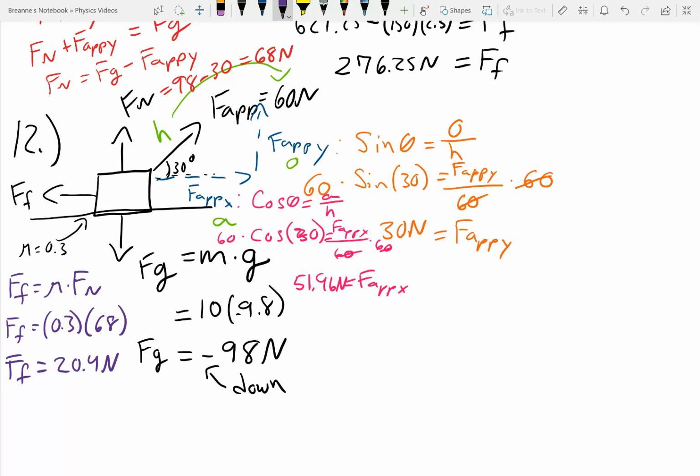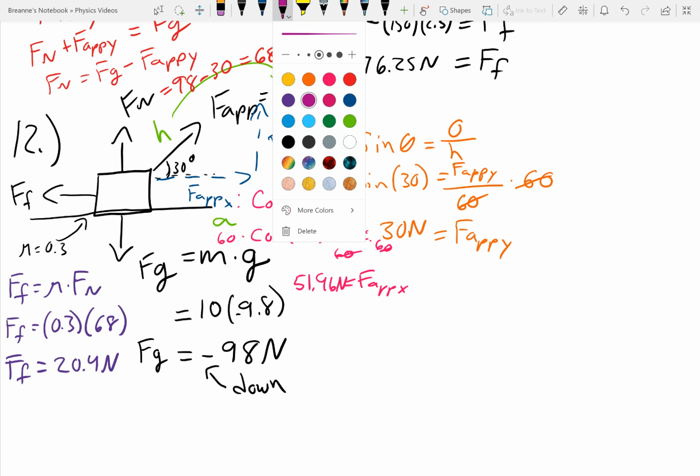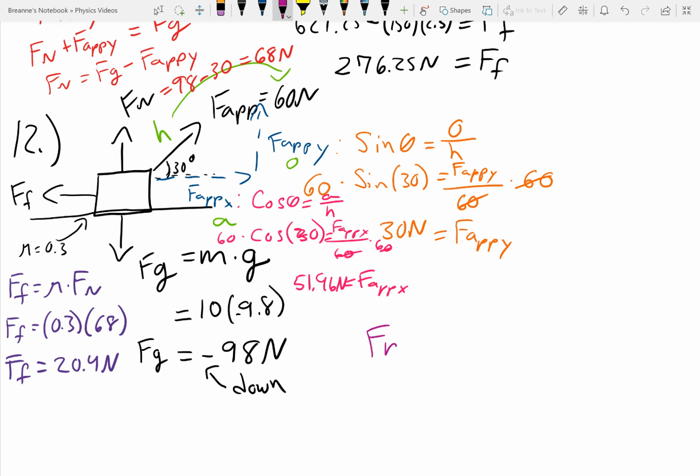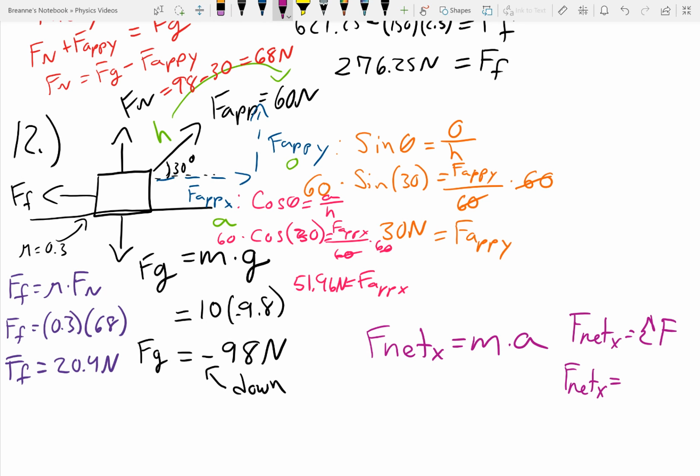You can take it a step further and solve for net force. Net force in the x direction equals your mass times your acceleration, or it can equal the sum of your forces. We don't have acceleration, so let's use the sum of the forces. How many forces are in the x direction? Well, we have a force applied in the x, it's trying to pull it, and you have your force of friction.